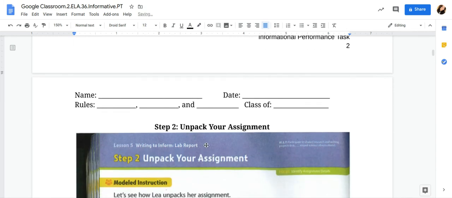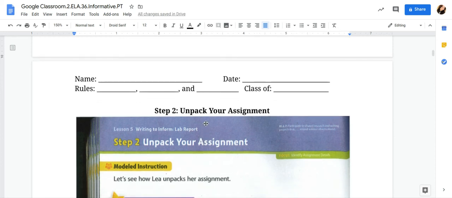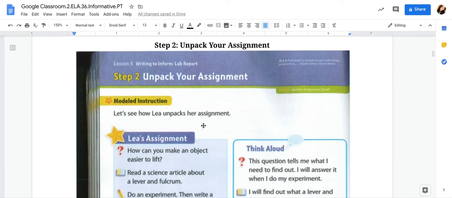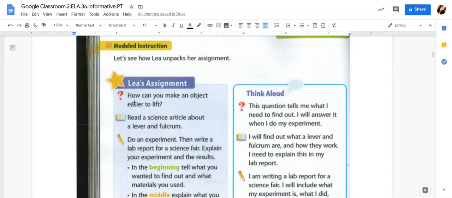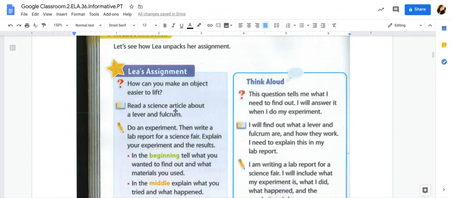To step number 2, unpack your assignment. So this is Leah's assignment. Let's see if she did everything correctly. Leah's assignment. How can you make an object easier to lift? Read a science article about a lever and a fulcrum.